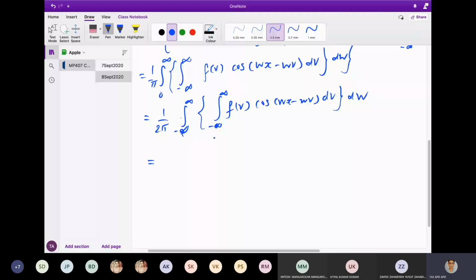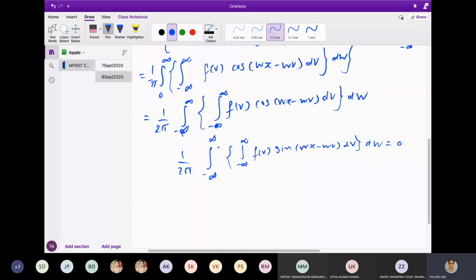So what I mean to say is that if you have 1 over 2 pi integral from minus infinity to infinity, and the same term for the sine, f of v sine of wx minus wv dv dw, this should be equal to 0, because this whole term is an odd function of w, so this integral is going to be equal to 0.